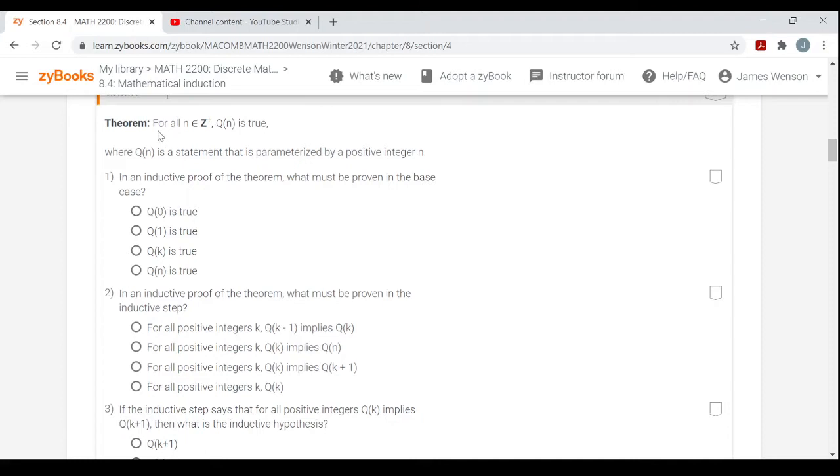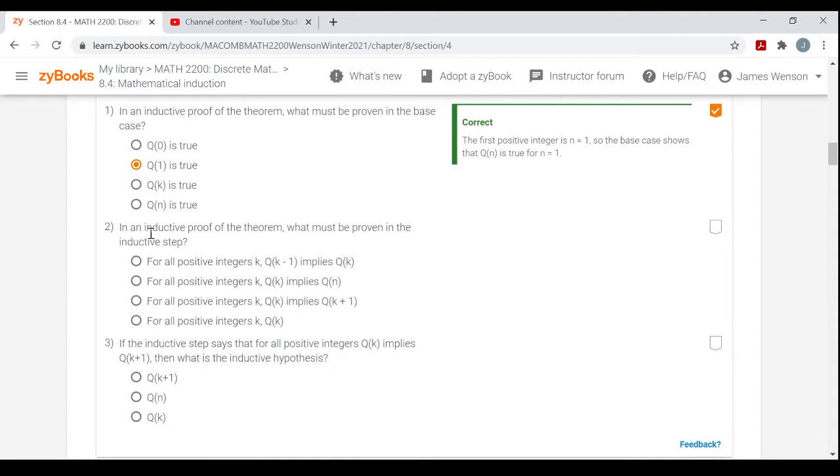So theorem: for all n belonging to the positive integers, Q of n is true, where Q of n is a statement that is parameterized by a positive integer n. All right. In an inductive proof of the theorem, what must be proven in the base case? Right? So what's the base of all the positive integers? That's 1. You have to show that first it's true for n equals 1.